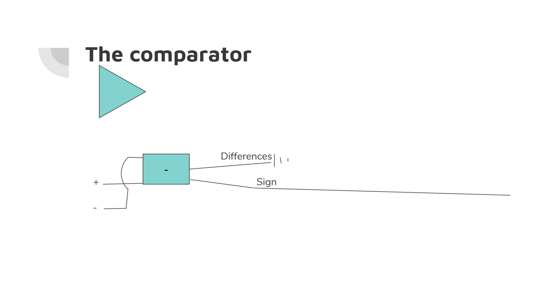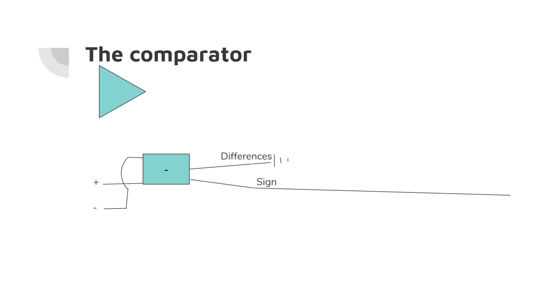So then we have this thing called a comparator. It may seem familiar to you because that's the exact thing we saw in the last episode when we were trying to vote for president. So it has a positive and negative, and this is basically the greater than.